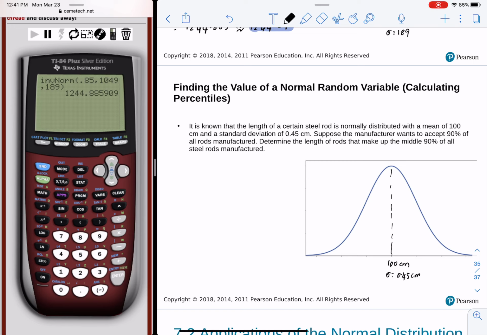Determine the length of rods that make up the middle 90% of all steel rods. So all we know here is in the middle, we have an area or probability of 90%, which is 0.9.